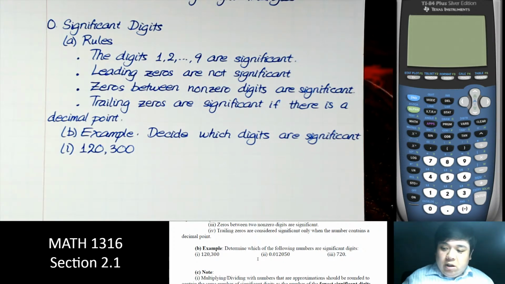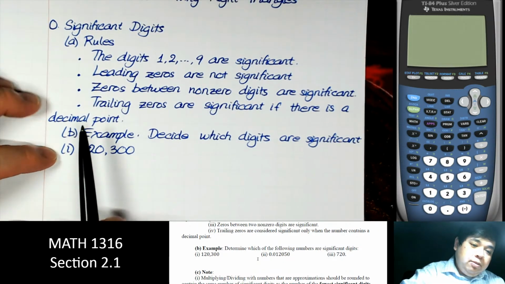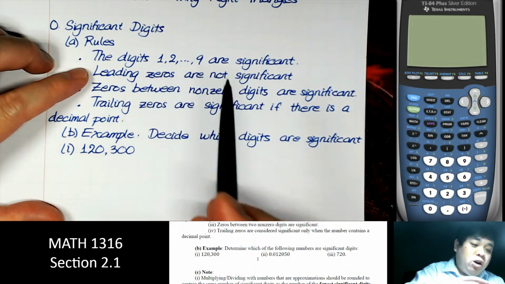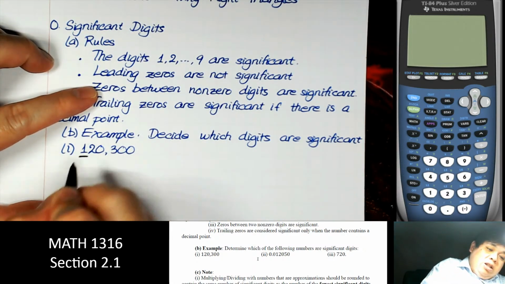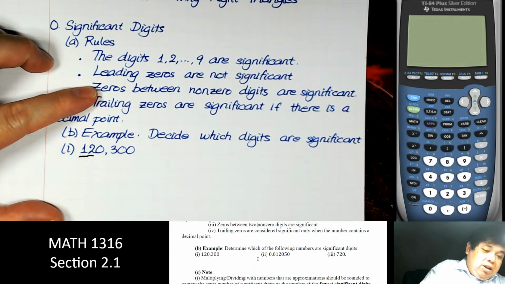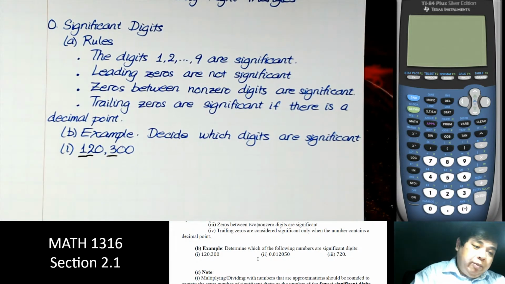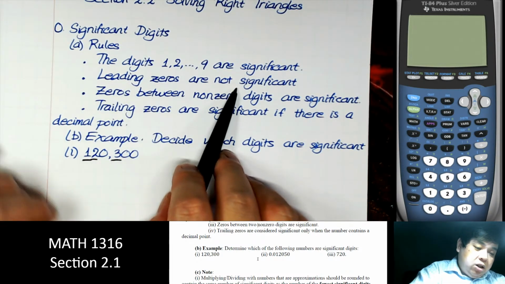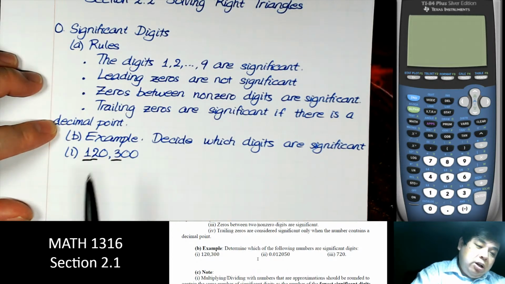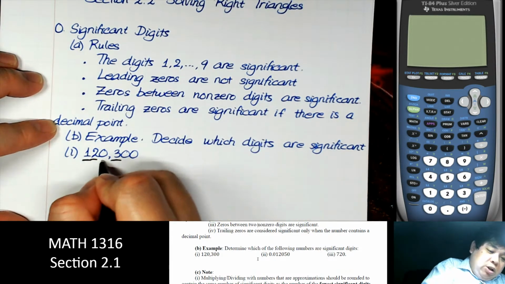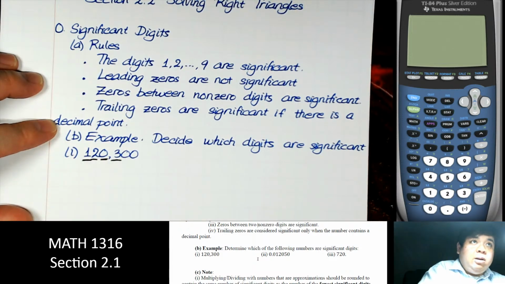So first, the rule says the digits from 1 to 9 are significant. So this one is significant, this one is significant, the 3 is significant. The leading zeros are not, and we don't have any leading zeros. The 0 in between is also significant, so this one is also significant.